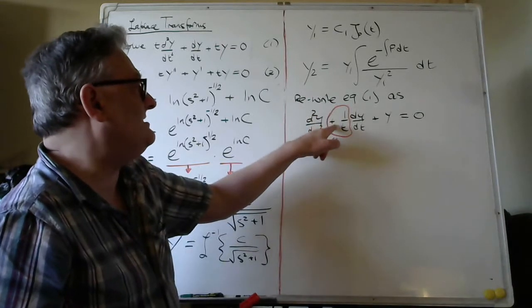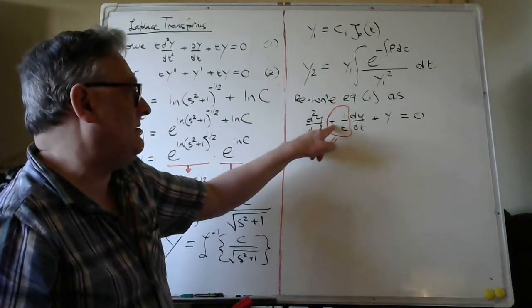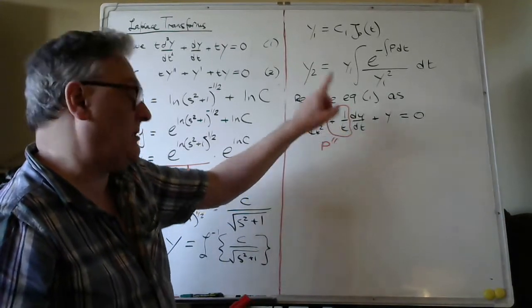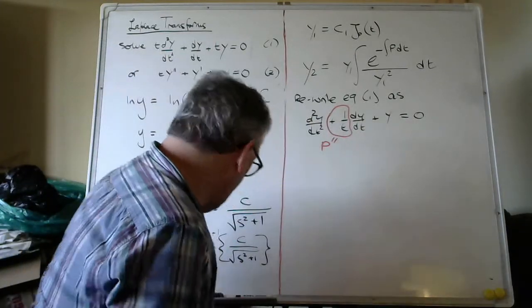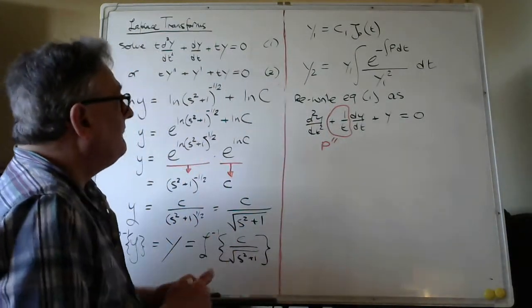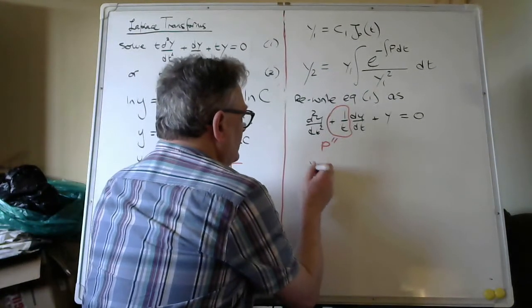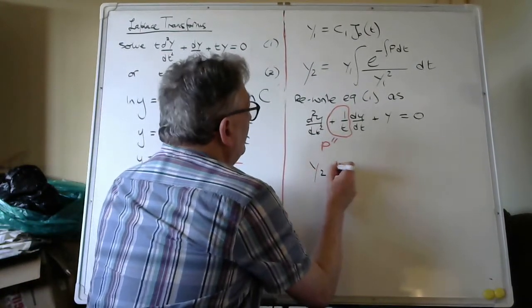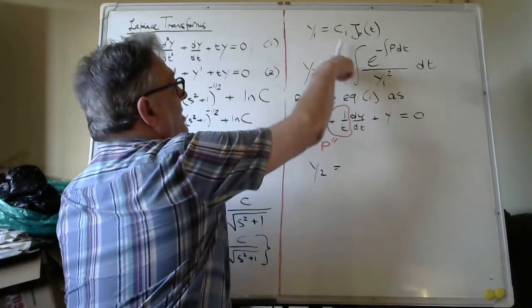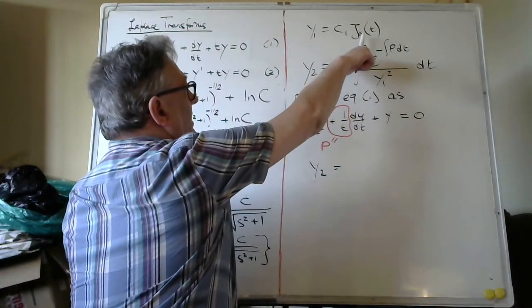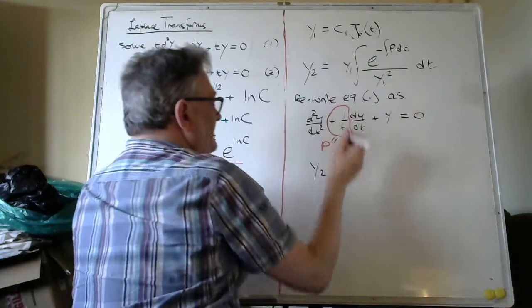If that had been negative, you would have included that as well, but it's a plus 1 over t. So our integral formula becomes y2 equal to y1. Well, we know that y1 is c1 j sub 0 of t.